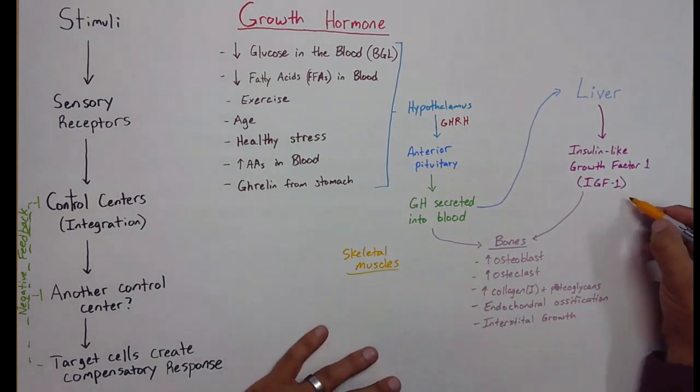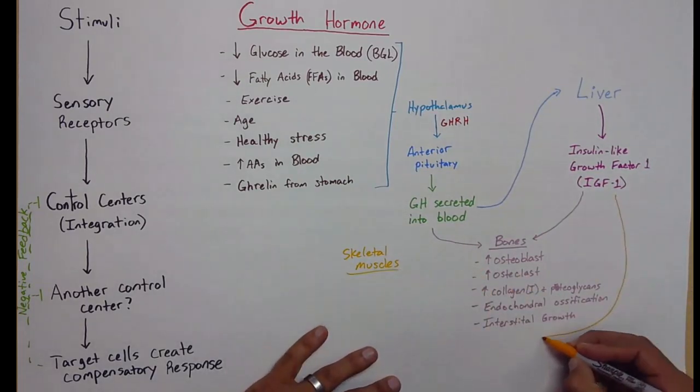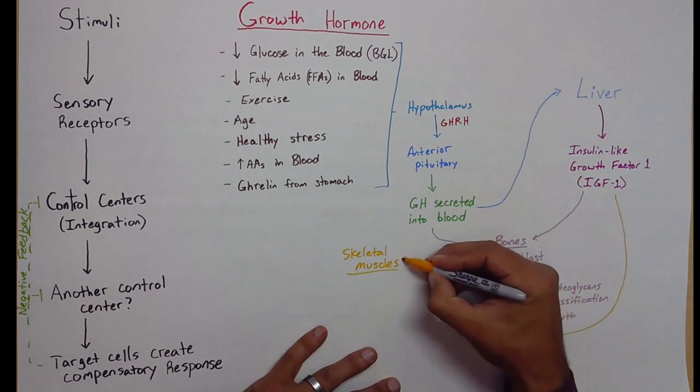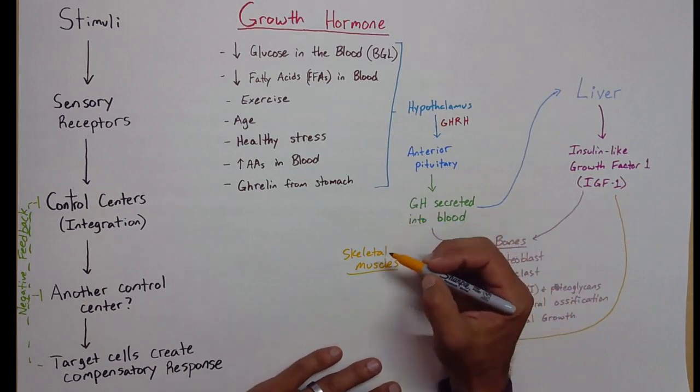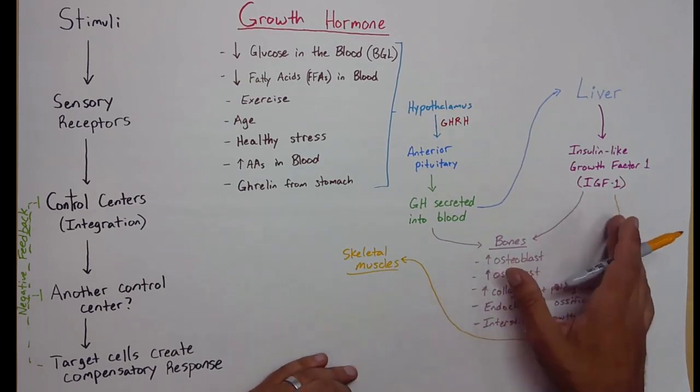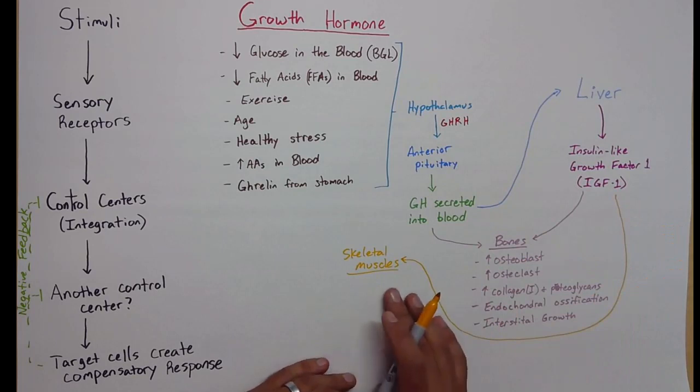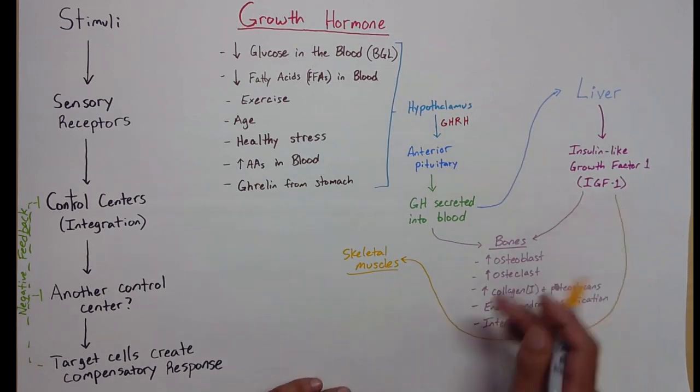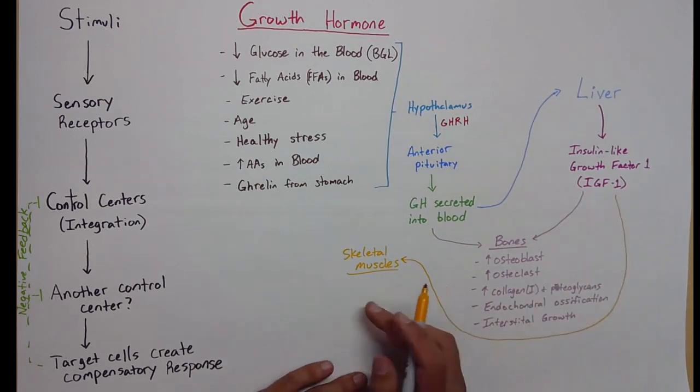So IGF-1 is also going to act on skeletal muscles. And in addition, growth hormone will as well. Growth hormone is going to do something slightly different on skeletal muscles than insulin-like growth factor. So let's start with our IGF-1 function in our skeletal muscles.